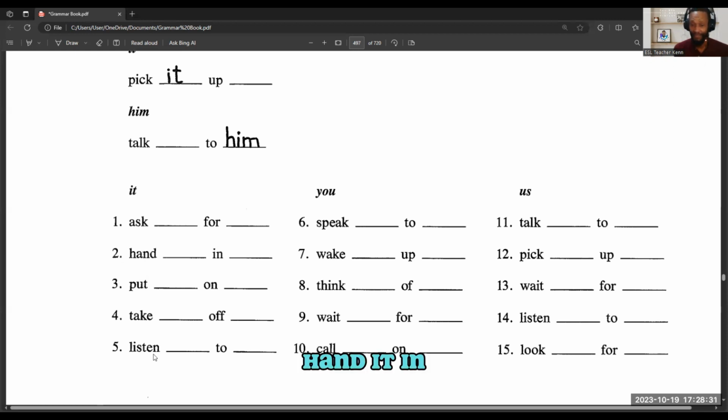Hand it in. Put on. Put it on. Take off. Take it off. Listen to. Listen to it.